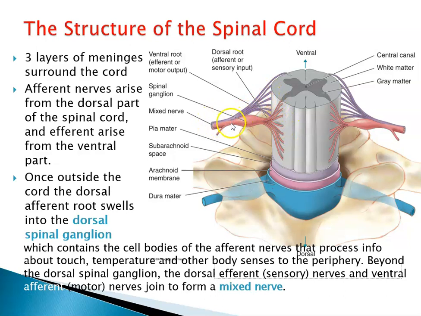So even though they're right next to each other, combining to be a mixed nerve, they still stay separate. Now, I want you to know that the afferent nerves are large myelinated neurons. The unmyelinated efferent nerves are responsible.